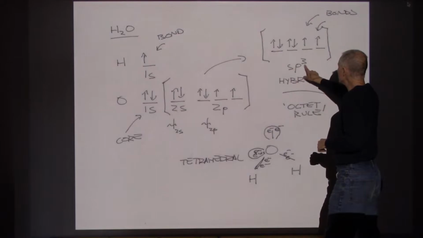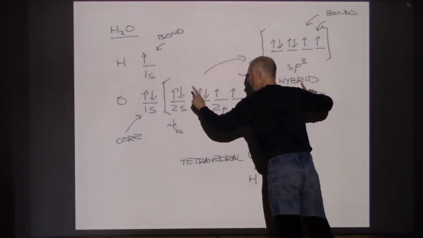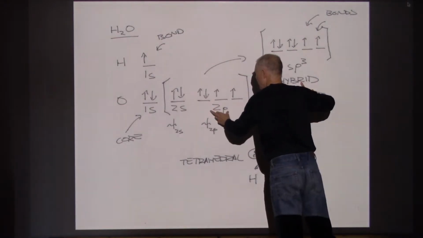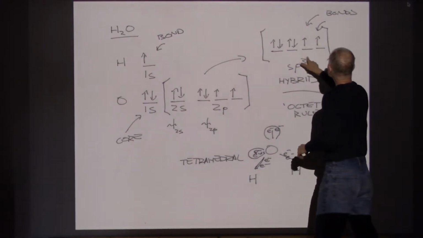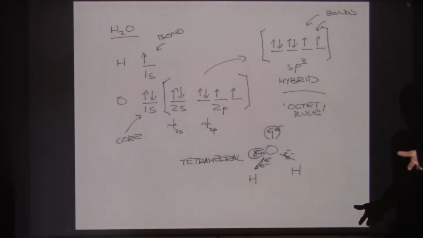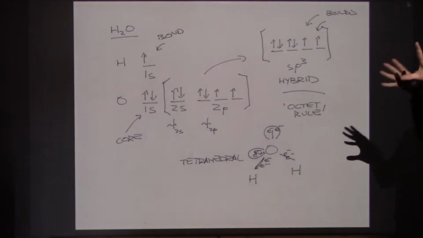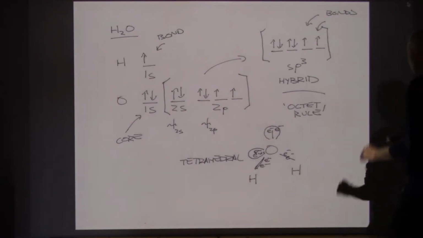This is called sp3 hybridization because it involves taking a set of s states and 3 sets of p states, joining them together into what is a tetrahedral geometry, where the electron pairs are symmetrically placed.